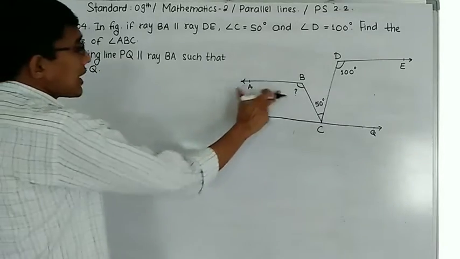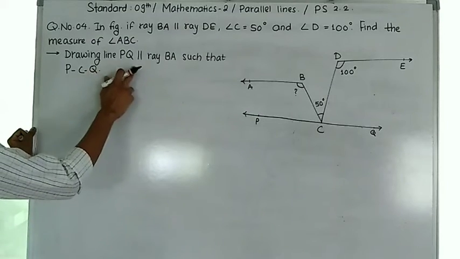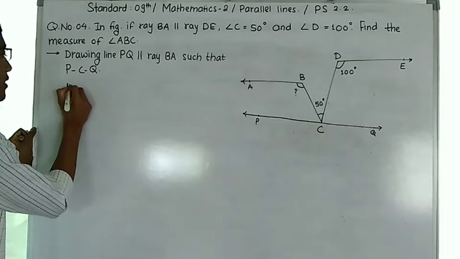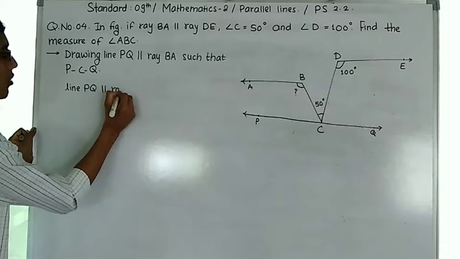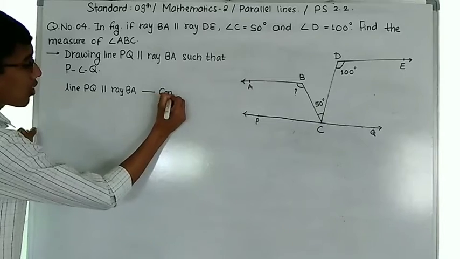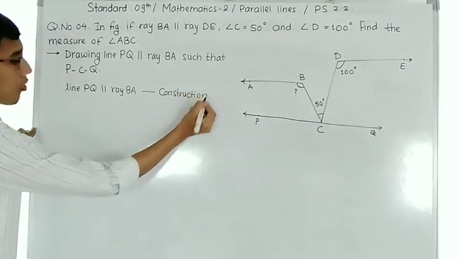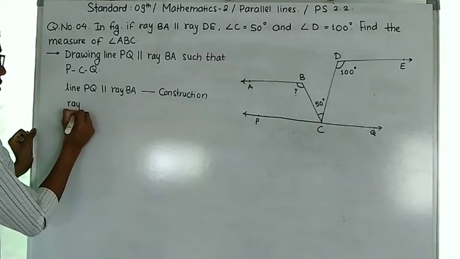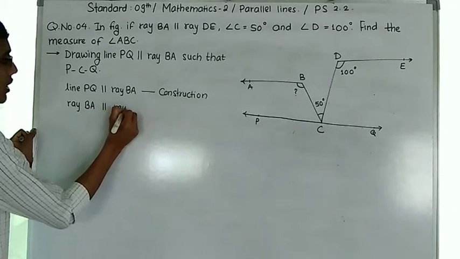Now as ray BA is parallel to line PQ, it is from the construction. Line PQ is parallel to ray BA, and we have got this from our construction. And ray BA is parallel to ray DE.